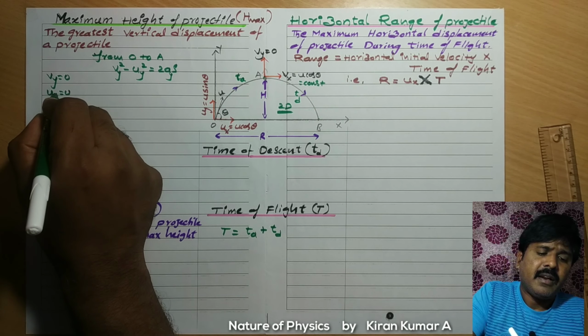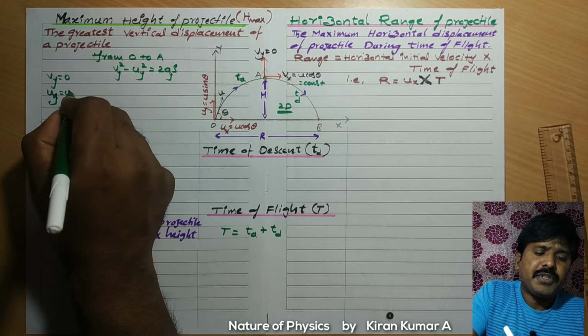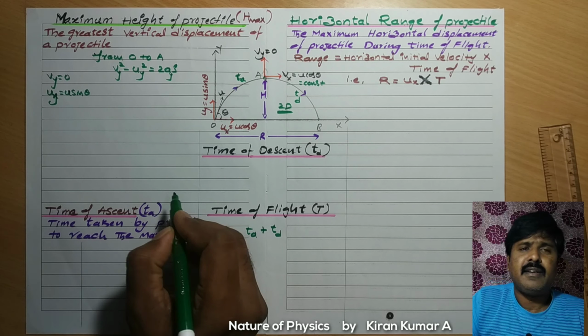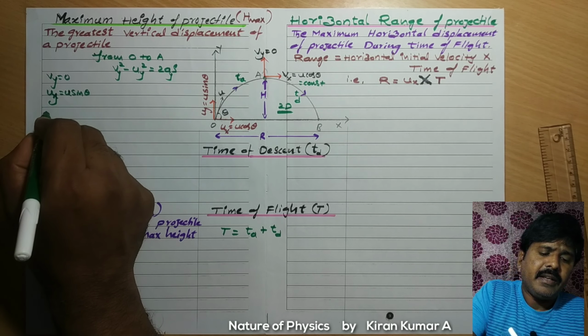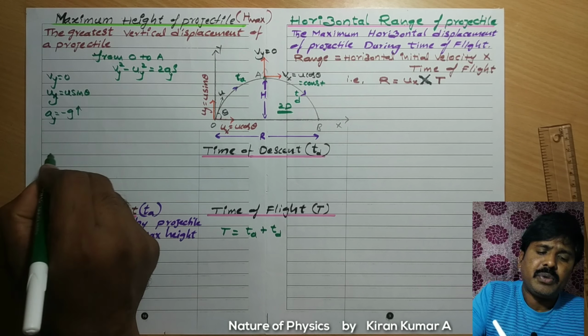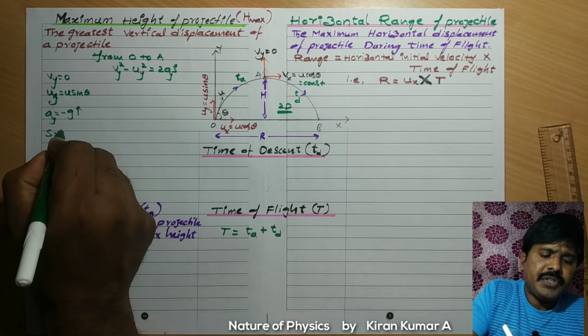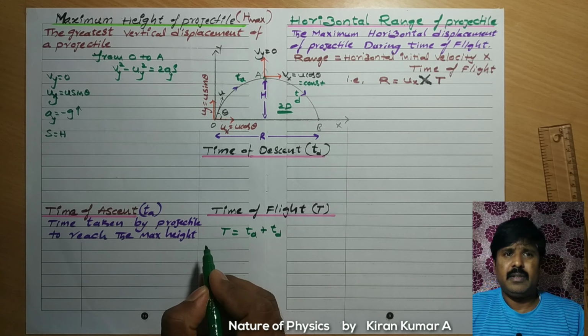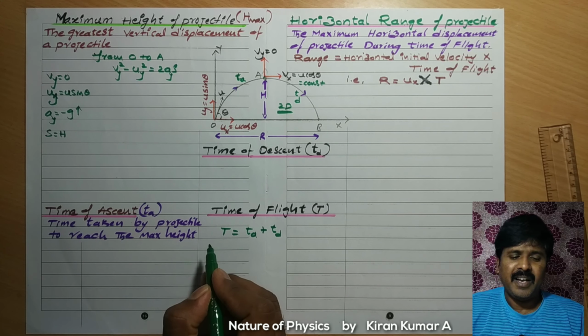So here Uy is equal to u sin theta, students, and next we take a is equal to minus g in upward direction, that is Ay, students, and displacement s is equal to h, students.